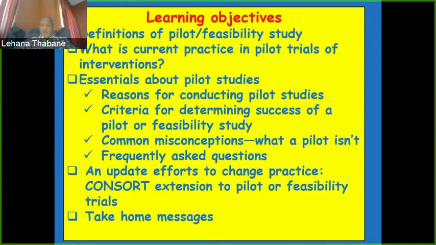And then we'll talk about what I call the essentials. Why do we do them? How do we assess whether we've been successful? What are the common misconceptions and some frequently asked questions? And then I'll talk about an update in terms of where the practice is at the moment in terms of how we approach pilot and feasibility trials in particular. And we'll end with a take-home.